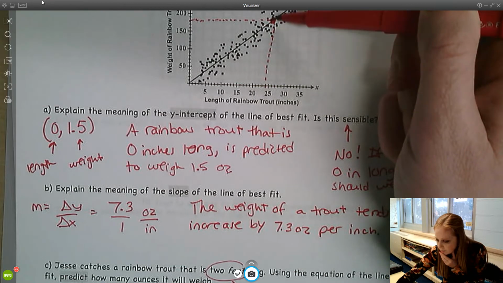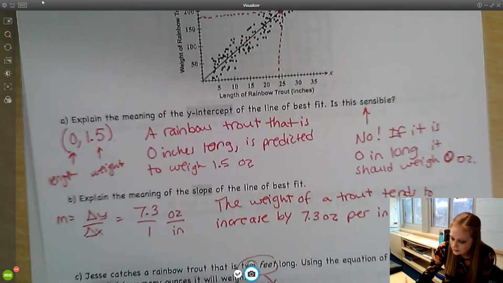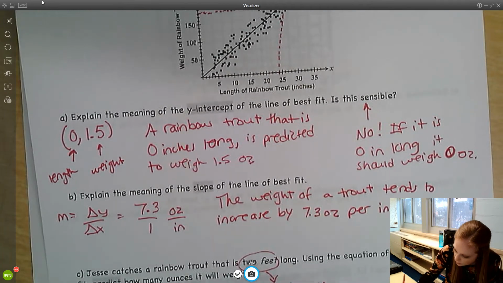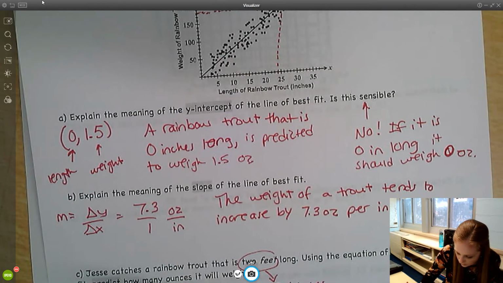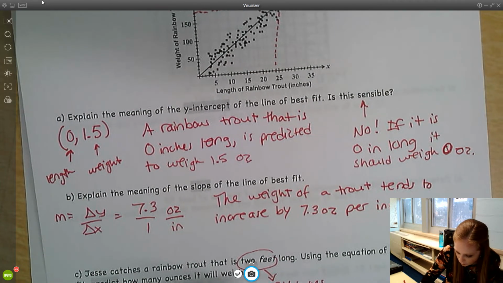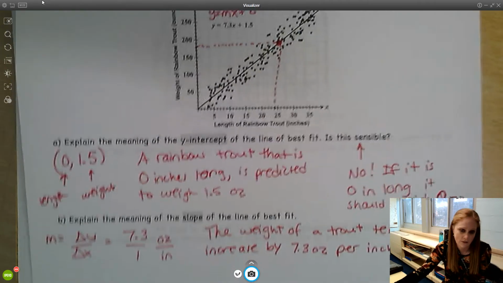It looks like it's going to be somewhere between 150 and 200. Let's see. Plug in 24 for x, because that's the number of inches. And you're going to get 176.7 ounces, which sure enough is in between 150 and 200.